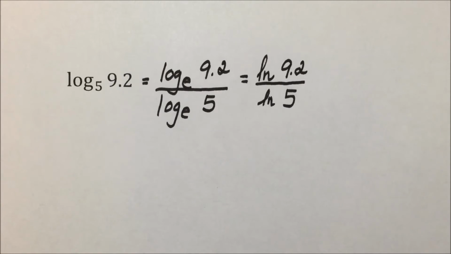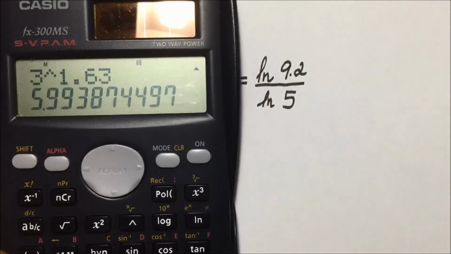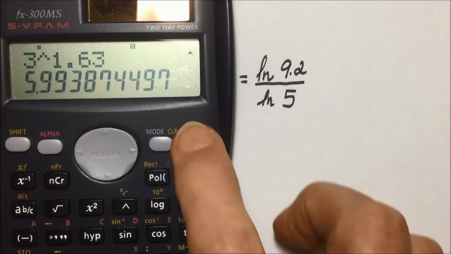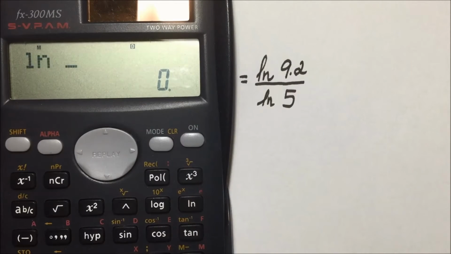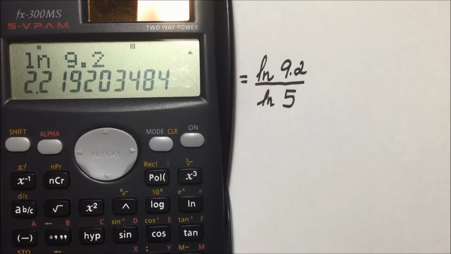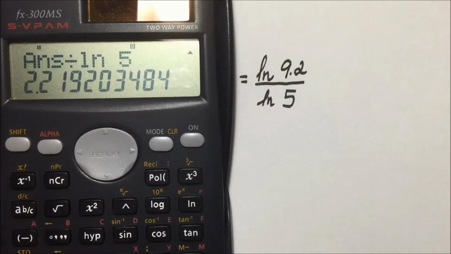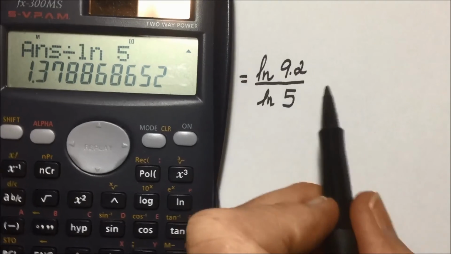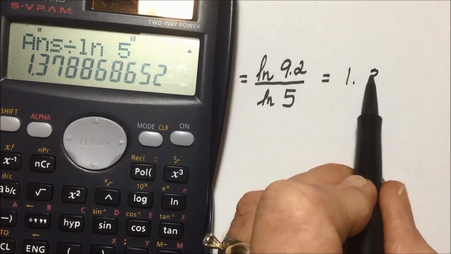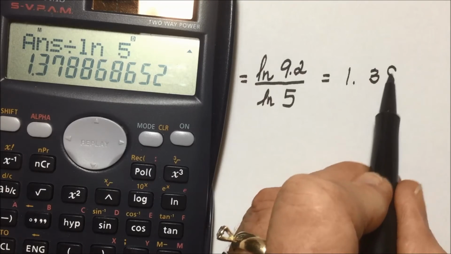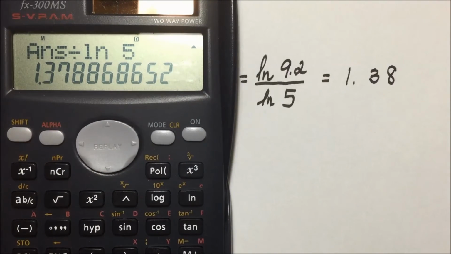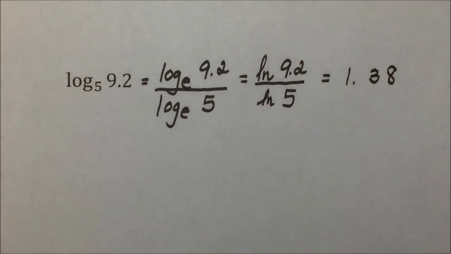So to calculate this, we will take the natural log, in other words the ln of 9.2, and divide it by the natural log of 5, giving us a value of 1.3 and so on, and rounding it to the nearest hundredth, I'll call that 1.38 would be the value.